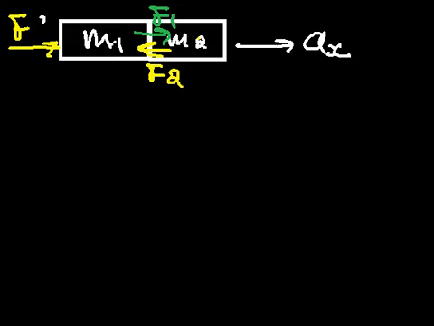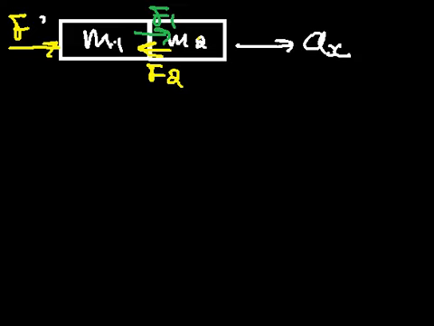Now, since the surface is assumed to be frictionless, both objects are going to accelerate at the same rate. So both objects are going to have the same acceleration. Keep that in mind. So what is the contact force between the two bodies?